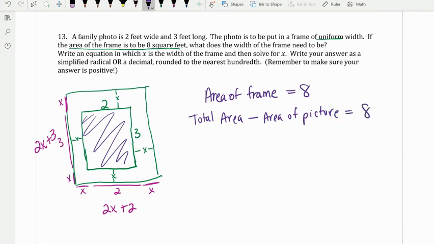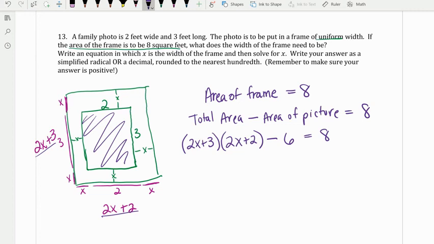Our total area would be those two dimensions multiplied times each other, so (2x plus 3) times (2x plus 2). Then I'm going to subtract the area of the picture. That's easy because we know it's 2 by 3. 2 times 3 is 6, and that will equal 8.